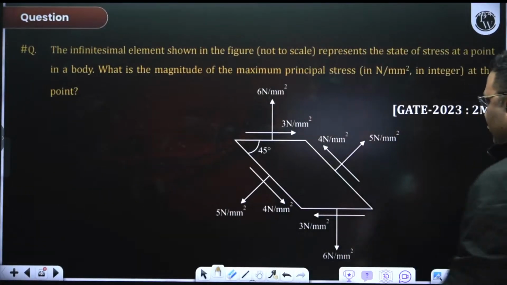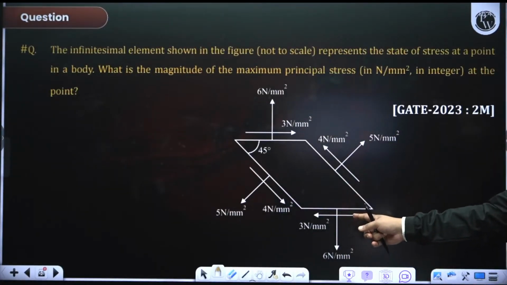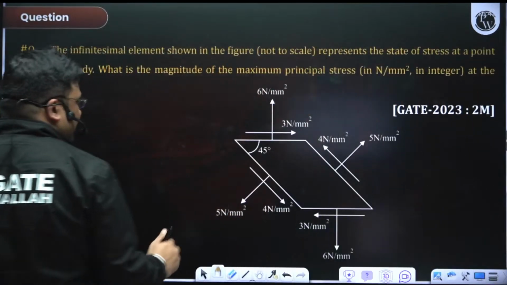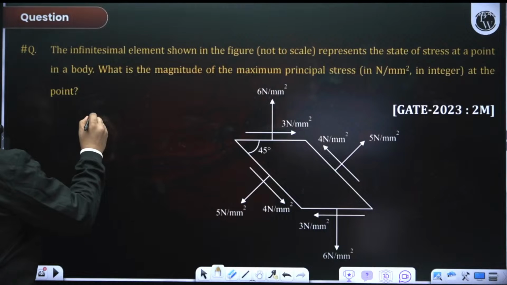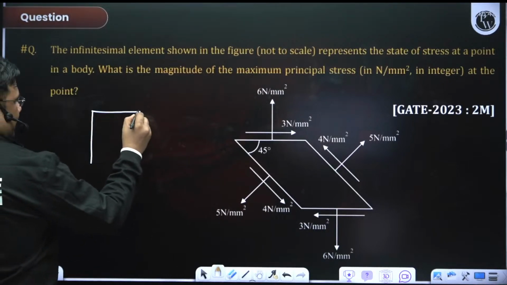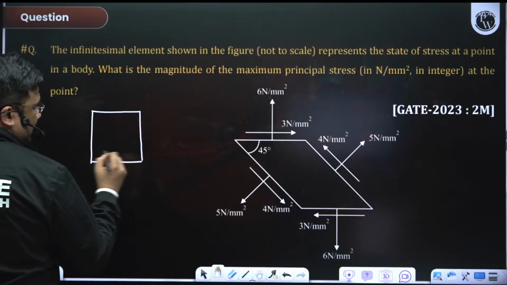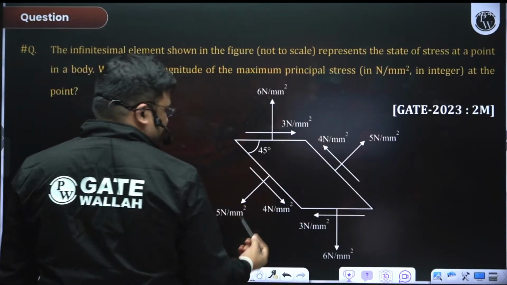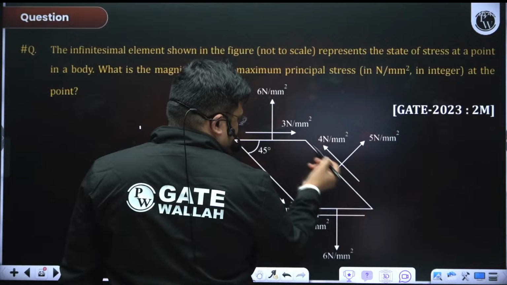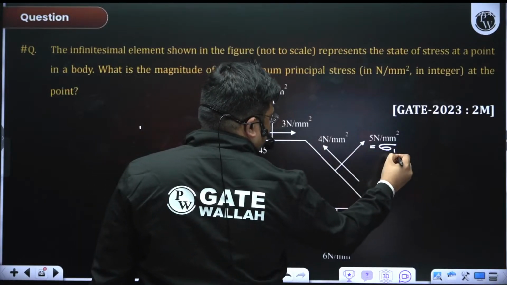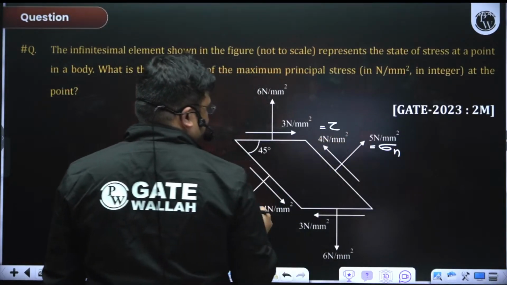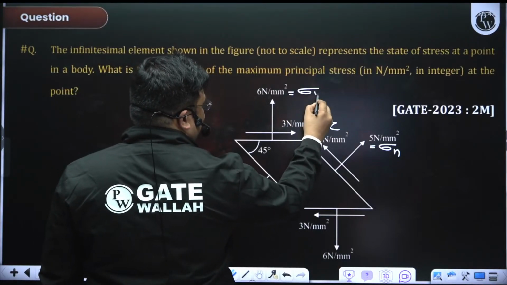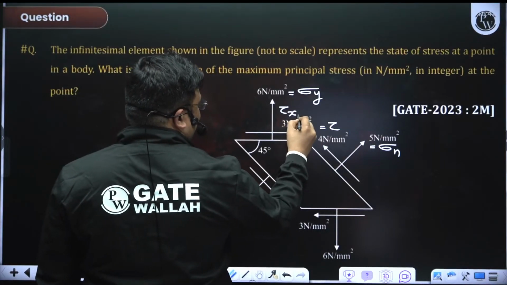See, this is a similar question which we have done before, right? In this diagram, this is that plane. So this is that normal stress. This is the shear stress. And this is sigma y, and this is the tau xy.